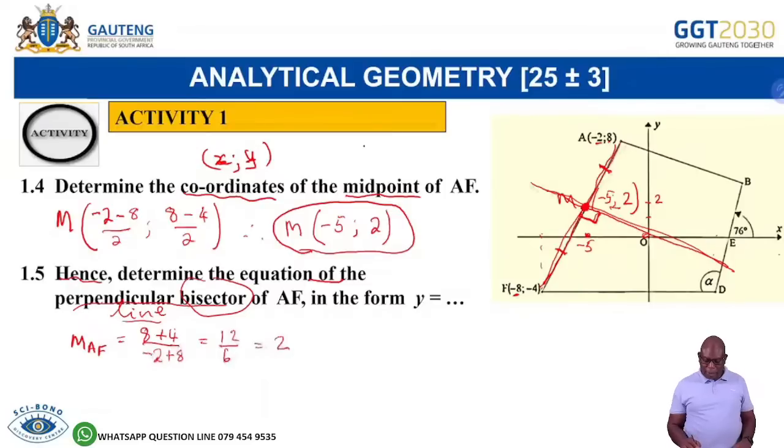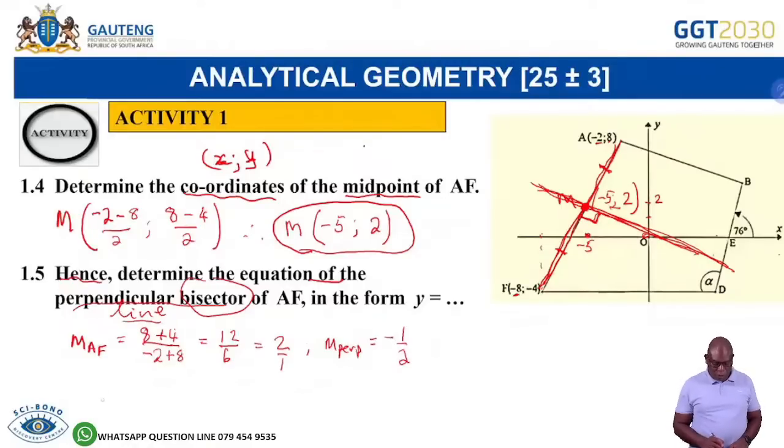So the gradient of AF is 2. What will be the gradient of the perpendicular? If this is 2 over 1, the gradient of the perpendicular will be minus 1 over 2. I just swap these values and change the sign. So I have the gradient of that line now.